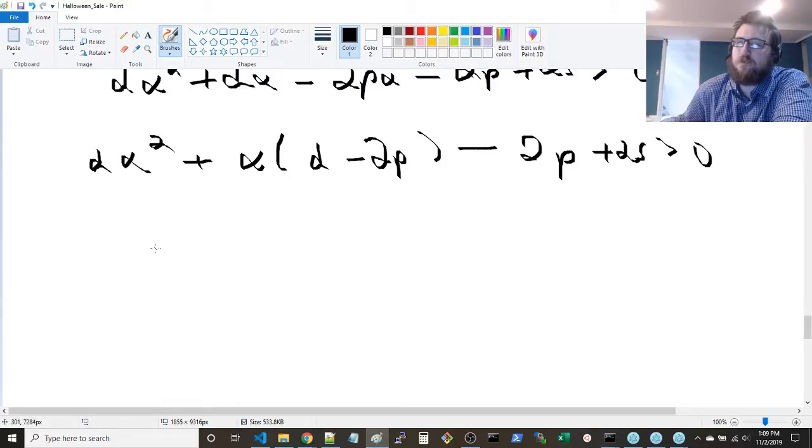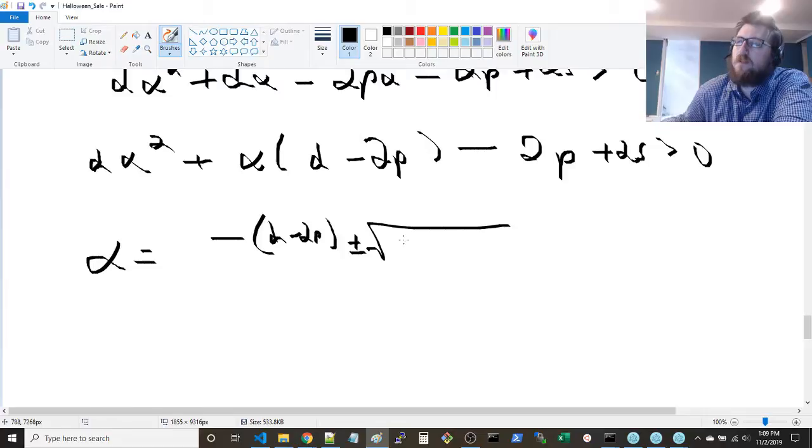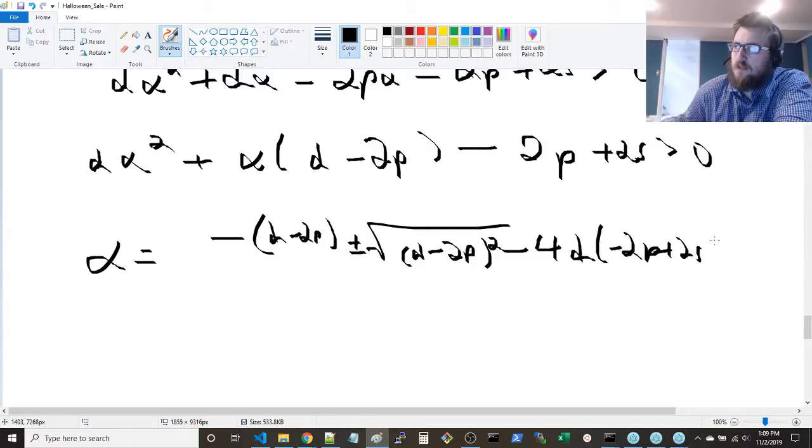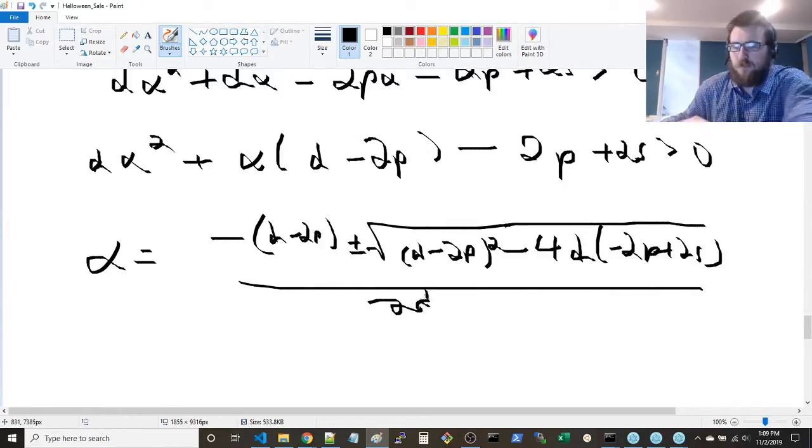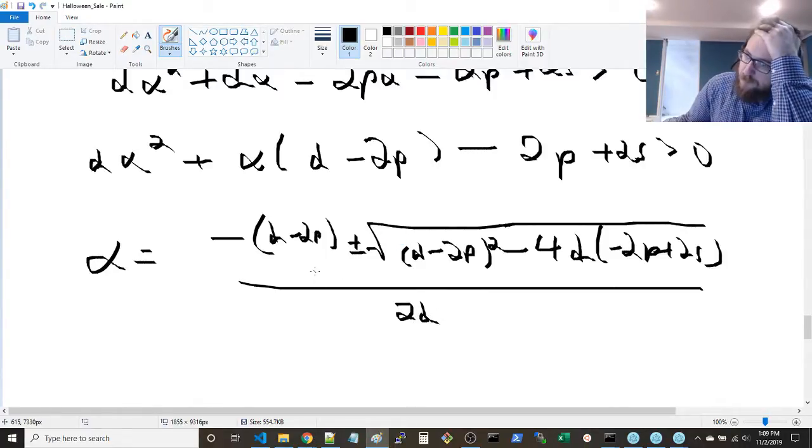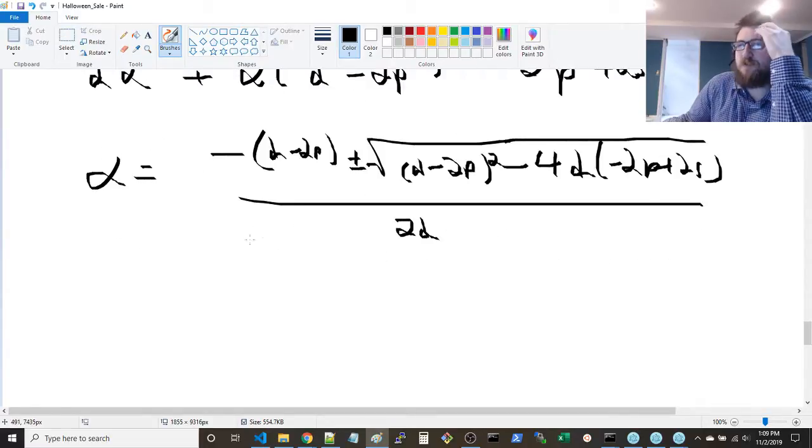If this was equal to 0, you'd have alpha is equal to negative b plus or minus the square root of b squared minus 4ac, all over 2a. So what you end up with is two different possible values for alpha.